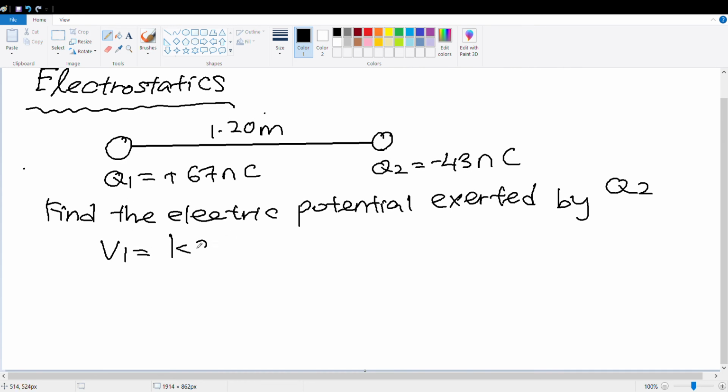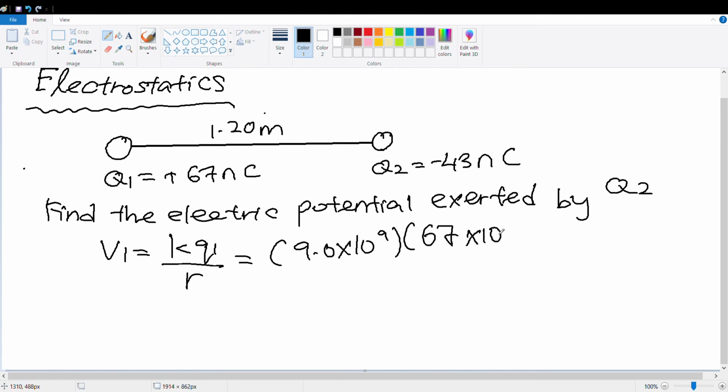So this is KQ1 over R. Sorry, not R square, it should be R. K is 9.0 times 10 to the power of 9. Q1 is 67 times 10 to the power of negative 9, which is nano, divided by R. My R is 1.20.